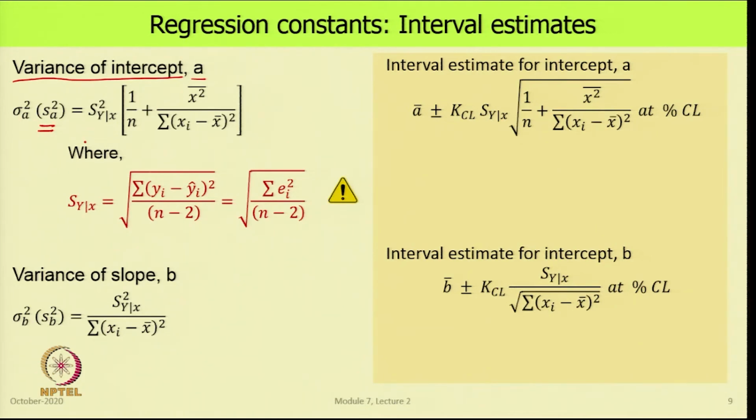So, here is the new term that is coming up: S y given x square, in brackets 1 upon n, n is the number of data pairs we have, no problem with that, plus x bar square, we calculated that, we know how to do it, over summation (x i minus x bar) square, this is also known to us, and again we recognize that this is nothing but S x x. So, using these S x x, S y y terms makes it easy to write the formula, and later on when we do analysis of variance and many other things, these sums come in very handy.